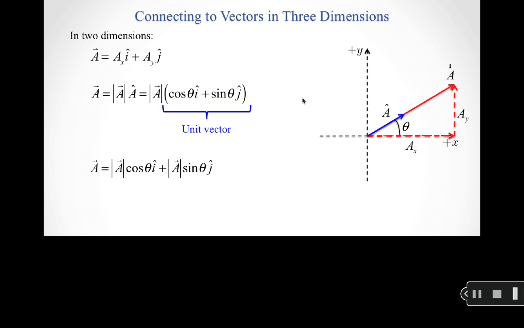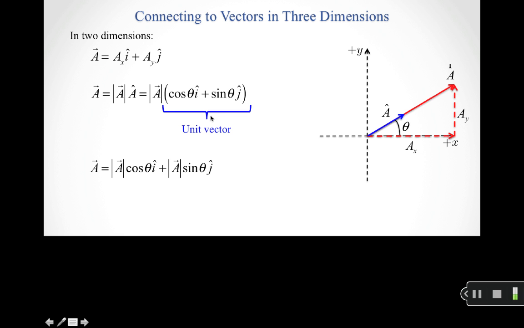The only difference between what we're doing when we usually break up a vector into components versus what we've written up here is just the fact that we've gone ahead and distributed the magnitude. So this is what we tend to do in breaking a vector up in our physics class, because we've got a vector lying in 2 dimensions that we've defined by some angle relative to a coordinate axis.